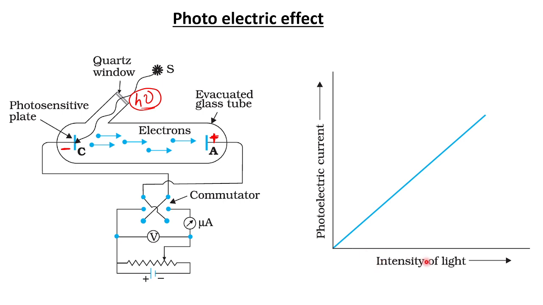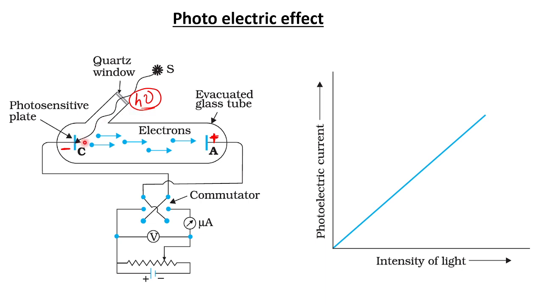So the more photons result in more current. From this graph, it is clear that intensity increased means the number of photons is increased. The number of photons falling on C is increased, resulting in more creation of free electrons.